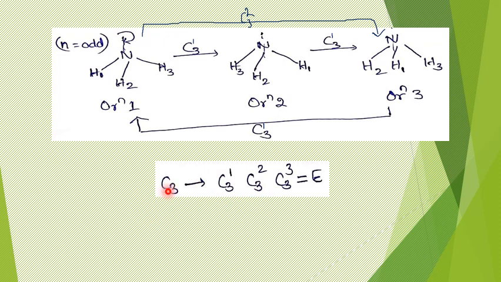Now the question arises, how many symmetry operations can be performed on a given proper axis? If you see here, this is a C3 axis. On the C3 axis, three different operations I have performed. But the last operation, which returns the molecule from orientation 1 to orientation 1 itself, can be written as C33. This represents a 360-degree rotation.